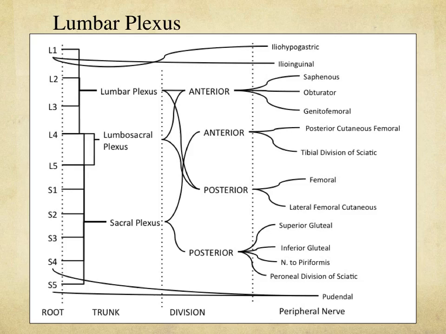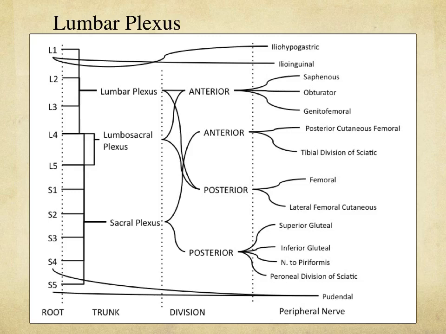Now the lumbar plexus and the lumbosacral plexus will come together in terms of the posterior division to give rise to the femoral and the lateral femoral cutaneous. So the lateral femoral cutaneous and the musculocutaneous nerves are two of the nerves that we actually saw on the cadaver when we were doing the dissection.